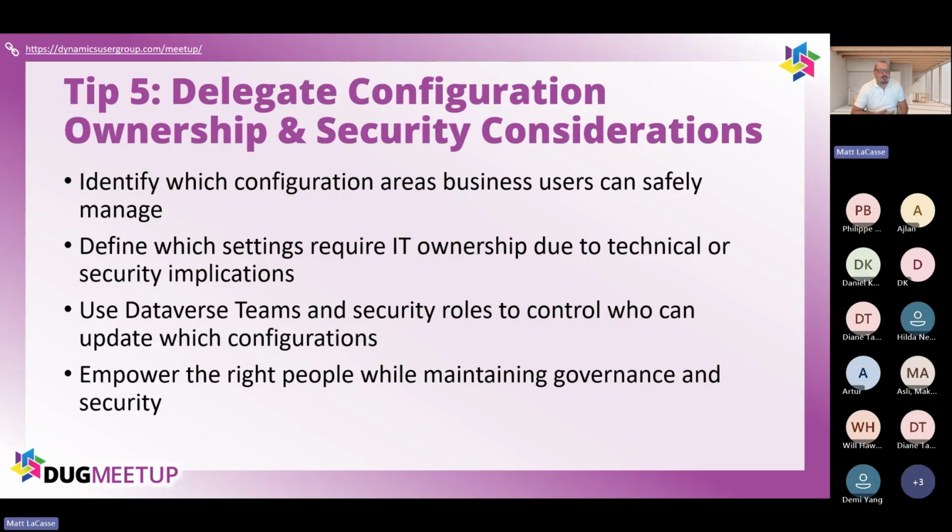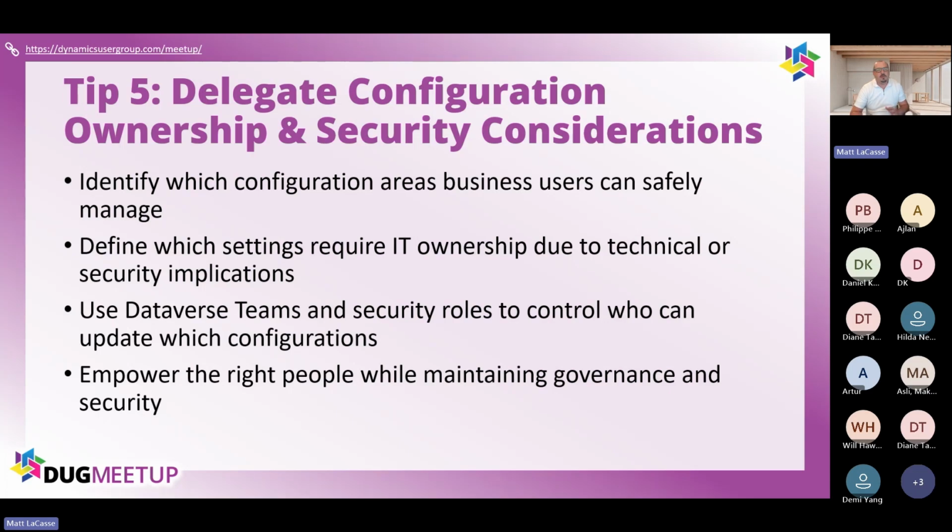Even in this kind of situation, there are probably areas that IT is still going to want to manage. The environment variables, for example, would be a good one that should remain in the purview of IT and development. Once these conversations have taken place, creating a security model around that allows access to these records as needed.